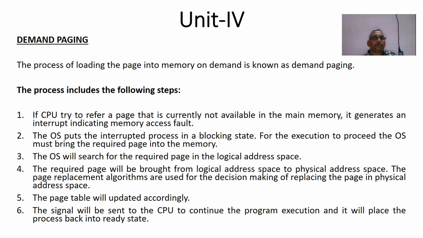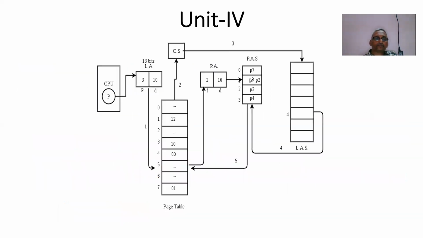Page replacement algorithms are used for deciding which page to replace in physical address space. The page table will be updated accordingly. The signal will be sent to the CPU to continue the program execution, and it will place the process back into the ready state.